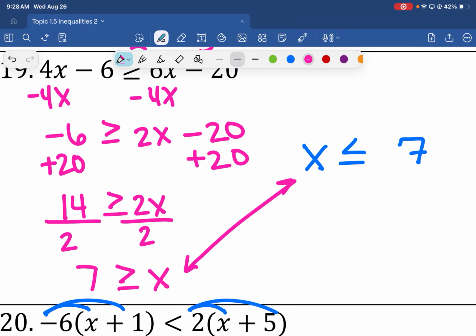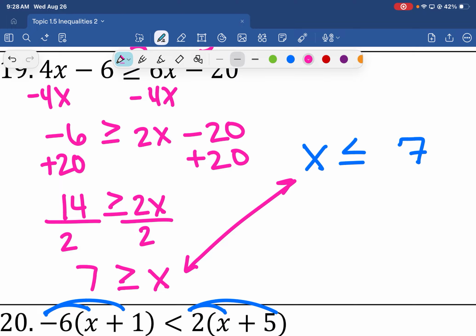So when you have your open circles, right? You have open circles. We can use that only with less than or greater than. And we always have our parentheses with those. Also with parentheses is our infinity.